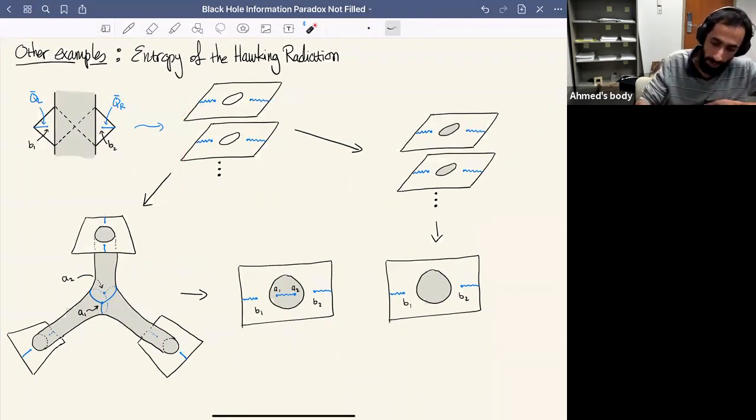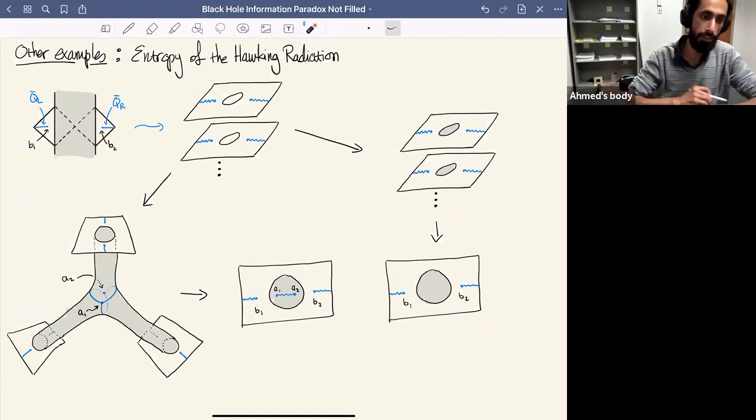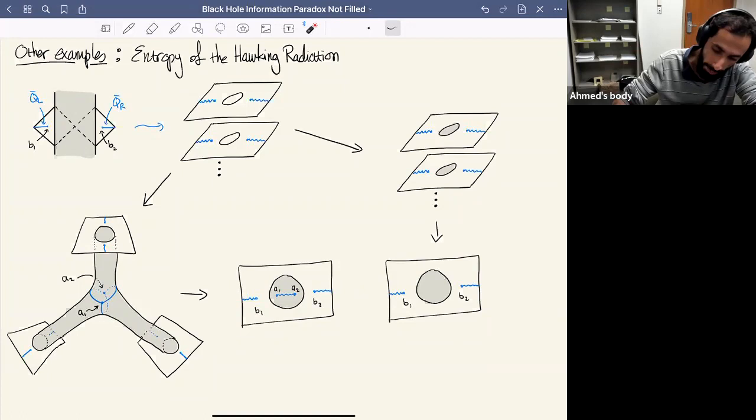And then it turns out that in this case, there are two different gravity saddles that are relevant.